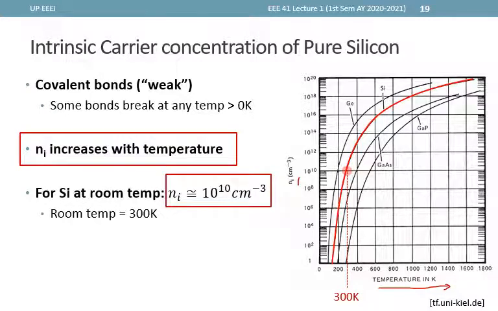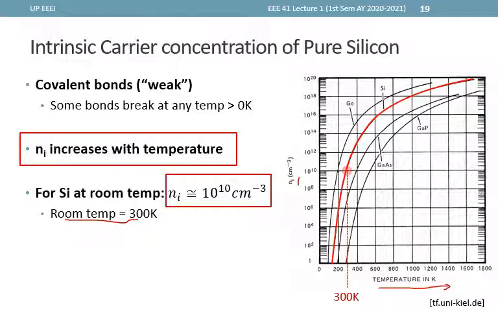Specifically for silicon at room temperature, the intrinsic carrier concentration is approximately 10 raised to 10. So that's a very good number. You'll have to remember that, and we'll use that very often in this course. However, note that that value is only valid for room temperature.